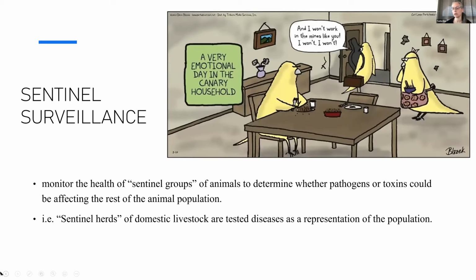So we can have smaller groups of individuals, maybe specific locations, specific points in time, to determine what is the risk of a disease, pathogen, toxin, whatever it might be, that could be affecting the rest of the overall animal population from which that sentinel group comes. So with sentinel herds, from a disease perspective, we might test certain herds to get a sense of what the total population could be represented as.